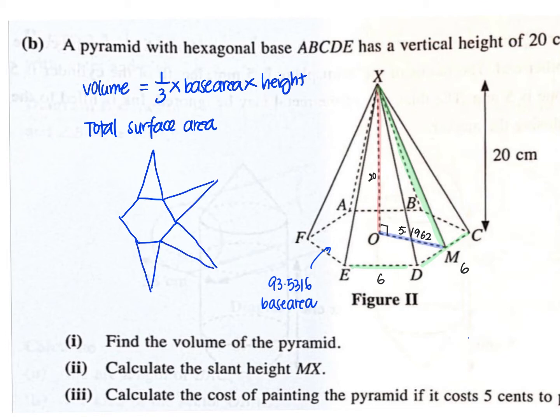triangles. Okay, let me try to draw them. So they will have 6 identical triangles, although mine are not very identical, right? Okay, but how do I find the total surface area?